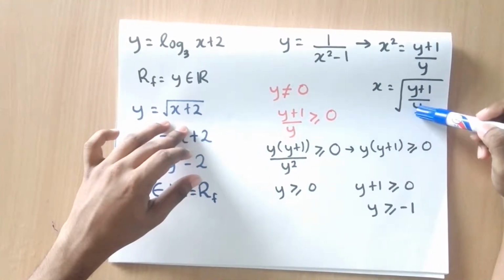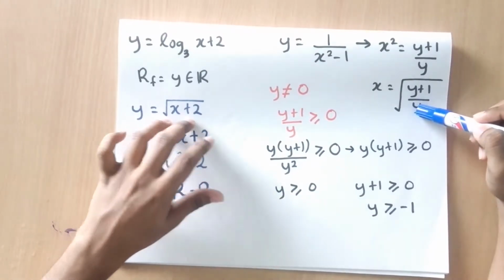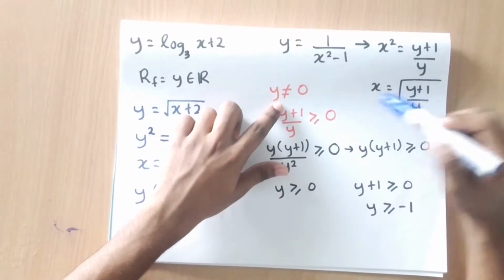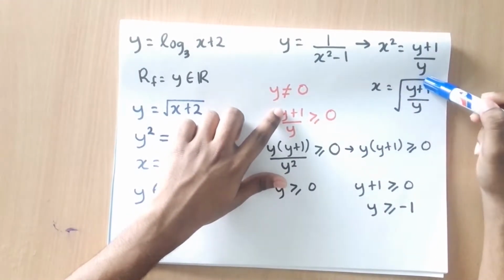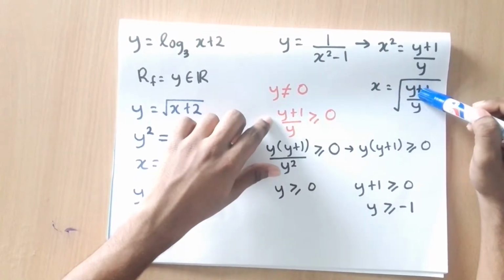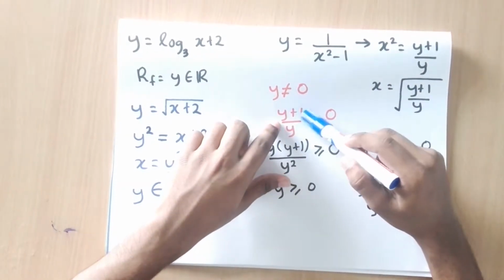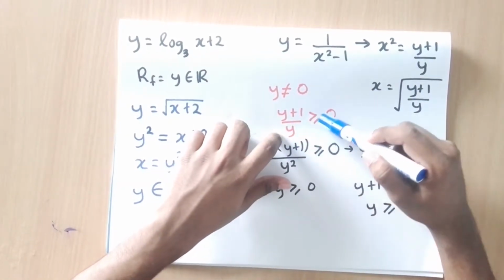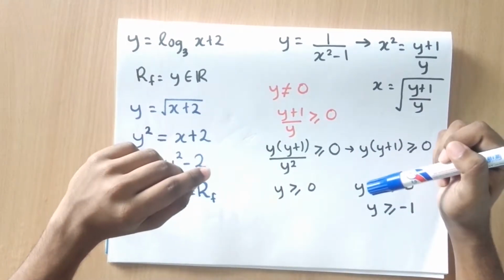Since there is a fraction, the denominator must not be equal to 0. So y cannot be equal to 0. Since it is a square root, the expression inside must be greater than or equal to 0. So (y plus 1) divided by y is greater than or equal to 0.